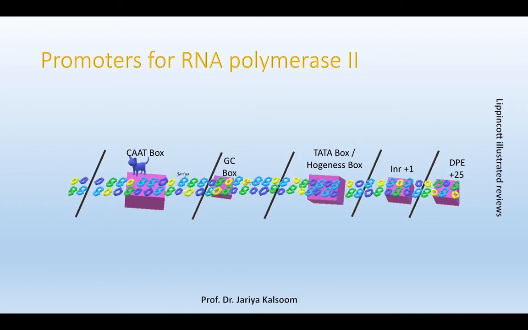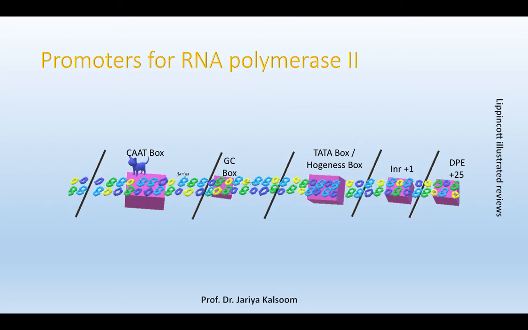However, the TATA box is not present in the majority of genes. Instead, different core promoter elements such as INR or initiator sequence or downstream promoter elements DPE are present. It is important to appreciate here that not one consensus sequence is present in all promoters.